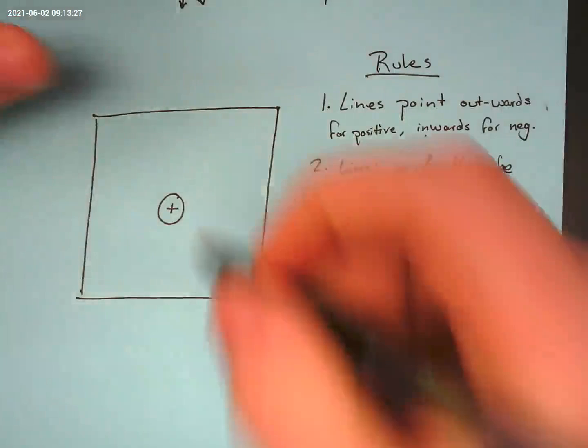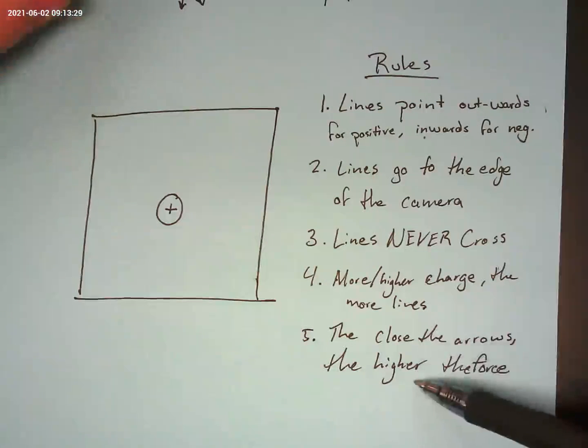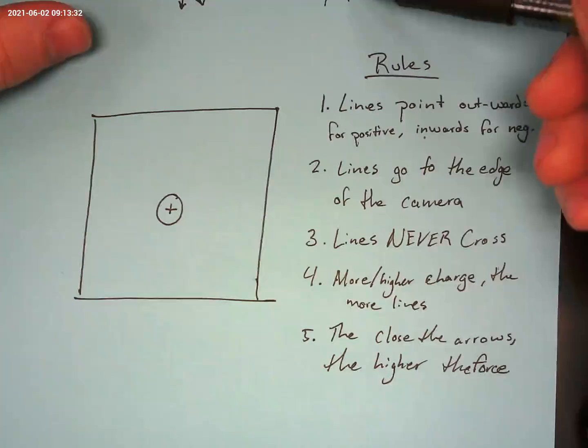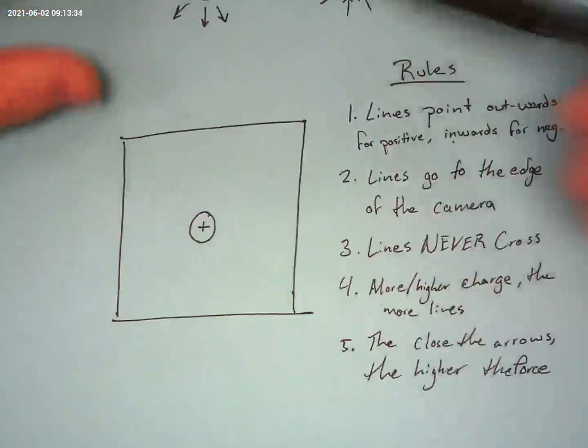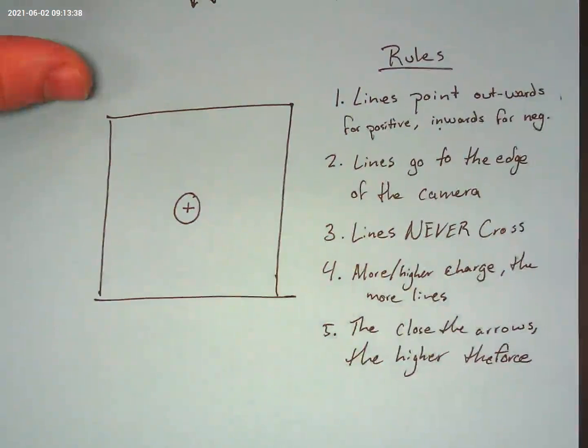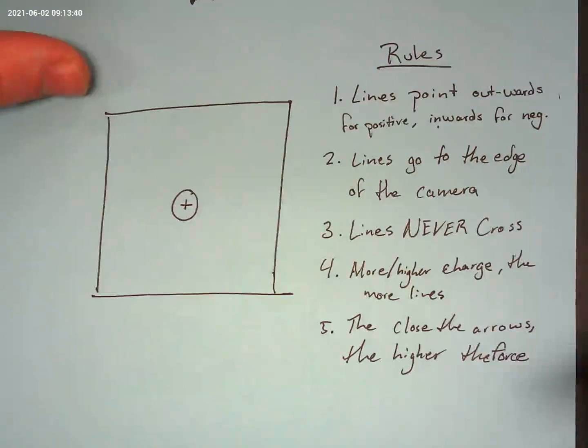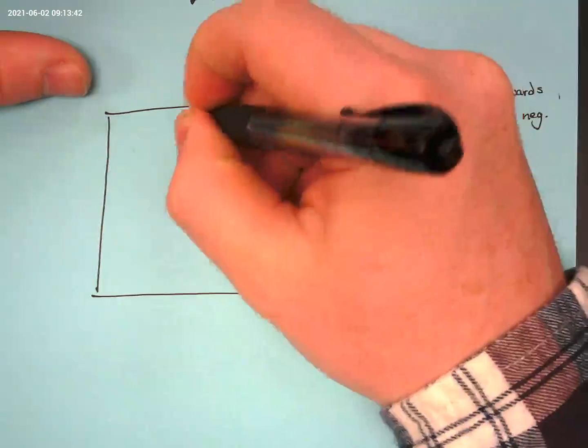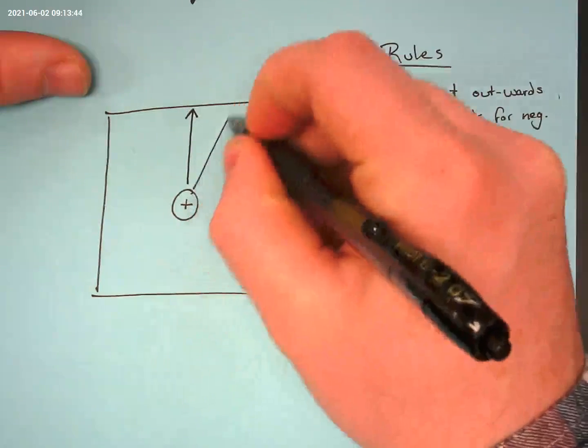When we draw these, remember, we're drawing the field lines, which is just like what we drew up here. We have to follow these rules. So follow with me. You've made the box and put the positive particle in. We're going to draw the field lines for the single positive particle, and it's going to look something like this.